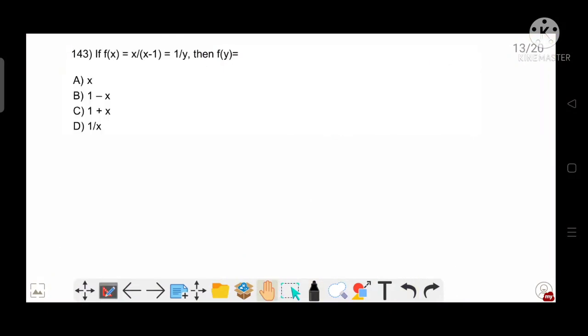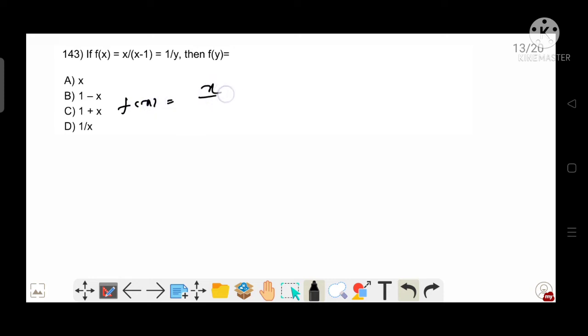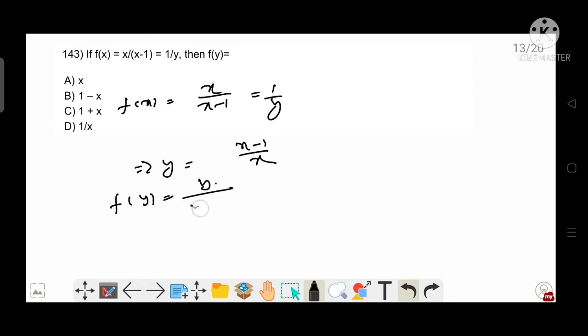Okay, f of y, given function is f of y. Let given f of x equal to x by x minus 1 equal to 1 by y given. So y equal to x minus 1 by x, isn't it? So now we can write f of y equal to y by y minus 1.